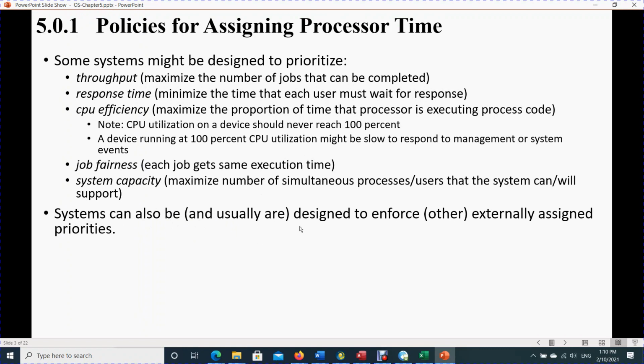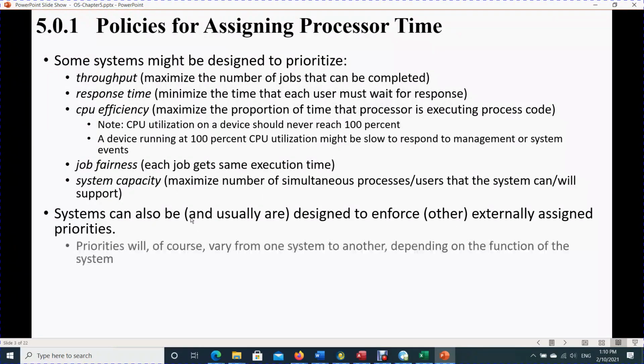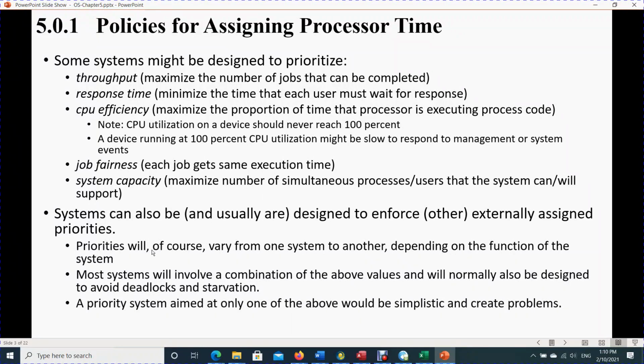Can also have other priorities as well. The priorities emphasized on any given system will be different from one system to another and depend largely on what the computing system is used for.